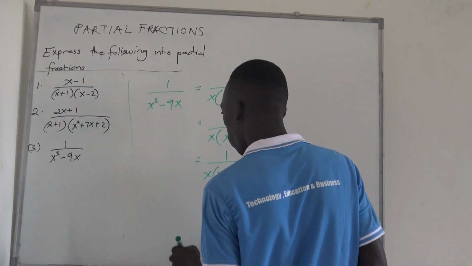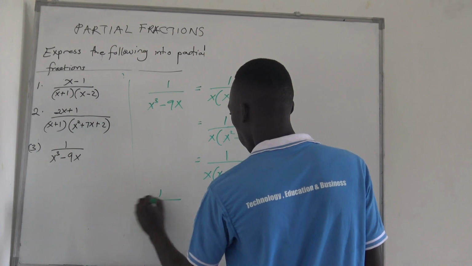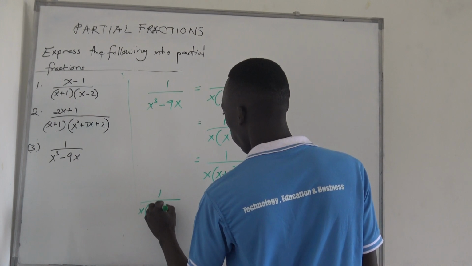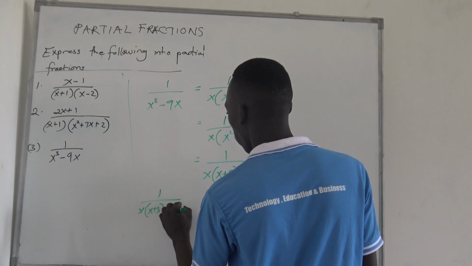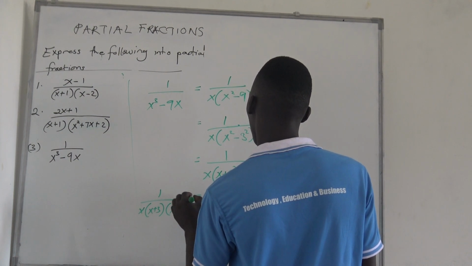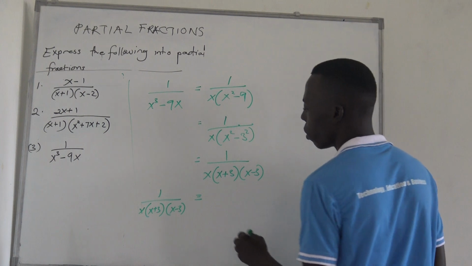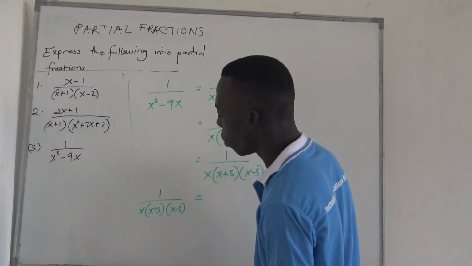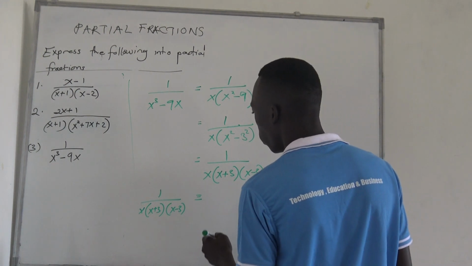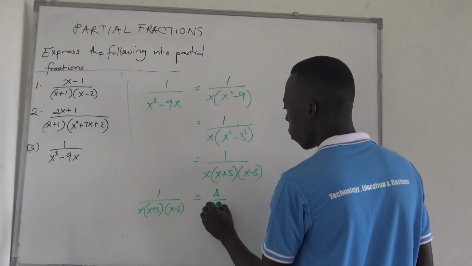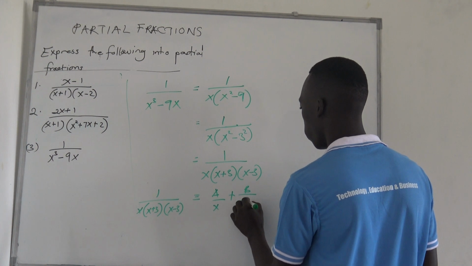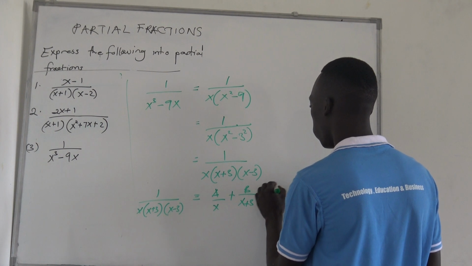So we are dealing with 1 over x times (x plus 3) times (x minus 3). This is equivalent to, now all of them are linear because we have broken them into their simplest form, a over x plus b over x plus 3 plus c over x minus 3.